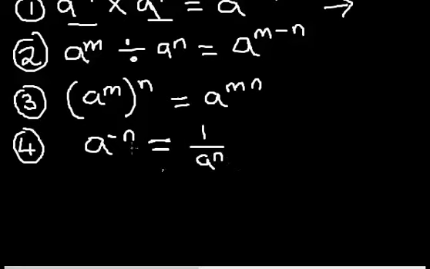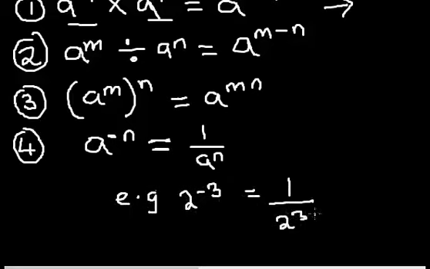So when you invert an index that has a negative power, the negative sign will disappear. And vice versa, if I have 1 over a raised power n and I want to bring it up, then the power now becomes negative. For example, if I have 2 raised power minus 3, this is equivalent to 1 all over 2 raised power 3, which of course is 1 all over 8.